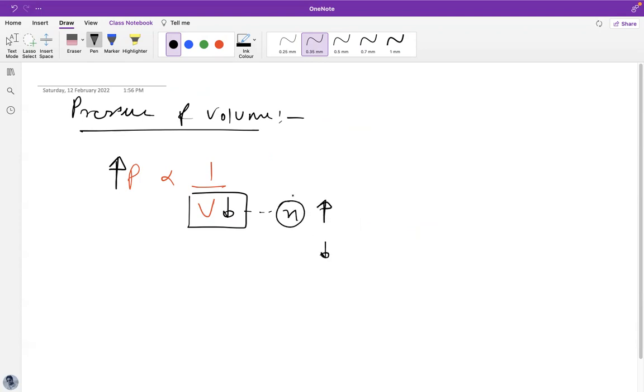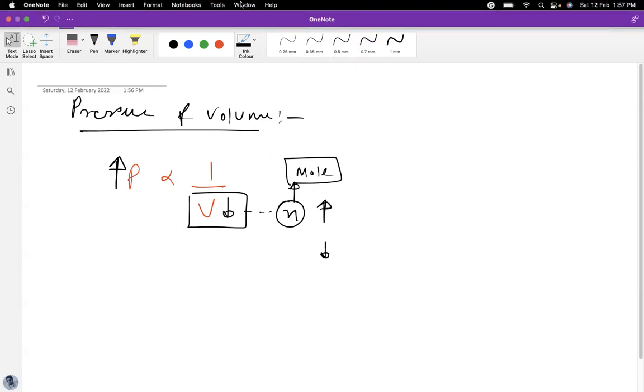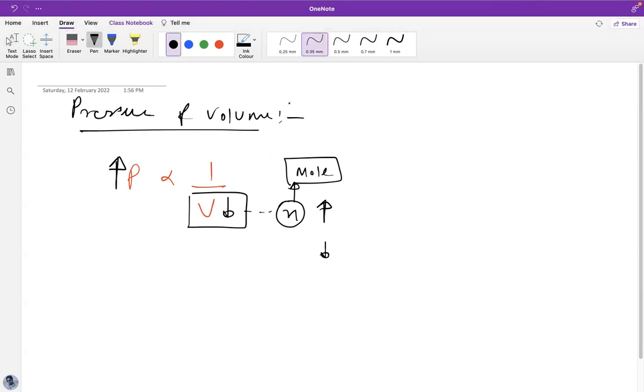N means mole. If your volume decreases, then what will happen? I am saying volume will decrease, so moles will also decrease.